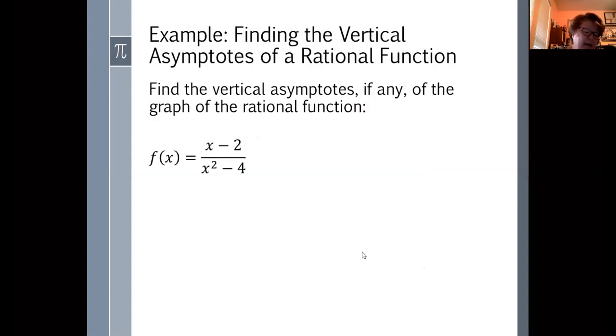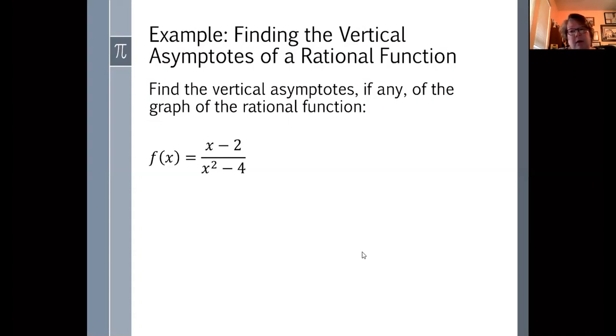We have f of x equals x minus 2 over x squared minus 4. Now remember, to find vertical asymptotes, you need to cancel any common factors in the numerator and denominator first. So I'm going to go ahead and factor my denominator, and it does factor.